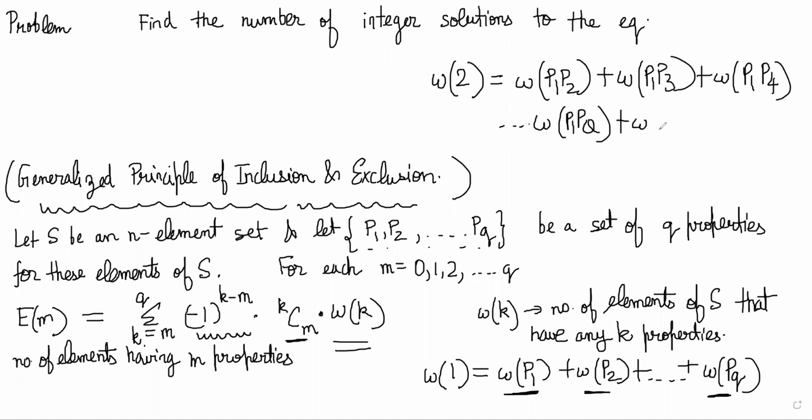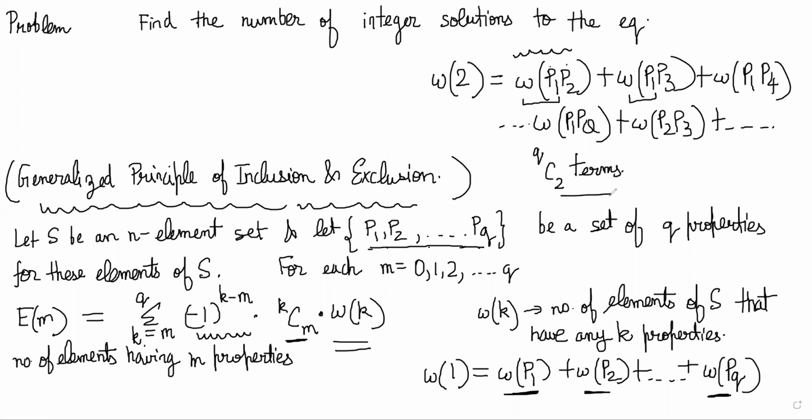Then again W of P2, P3 and so on. So basically, out of these q properties, there could be qC2 ways to select any two properties, right? And there are many elements which may have P1 and P2 satisfied. So that is what we are counting with W of P1, P2. Then W of P1, P3 would be elements that satisfy P1 and P3. So basically there are qC2 terms in this summation, right? So that is your W2, right?